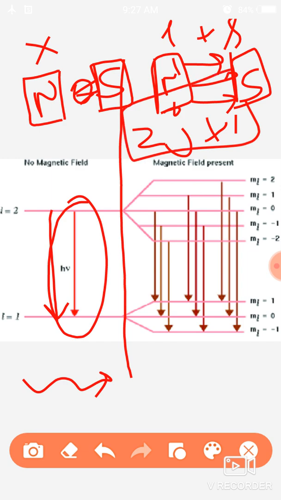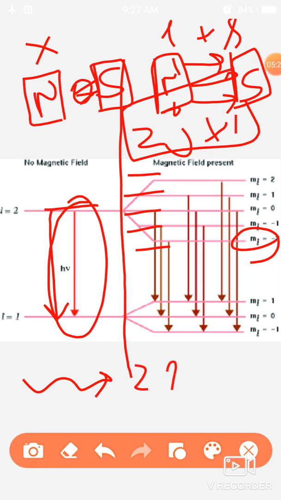Here this energy level is split into 5 energy levels. The lowest has the minimum value, which we will say is minus 2, because 2L plus 1 configurations are available.